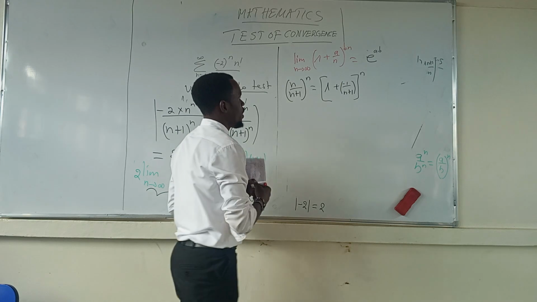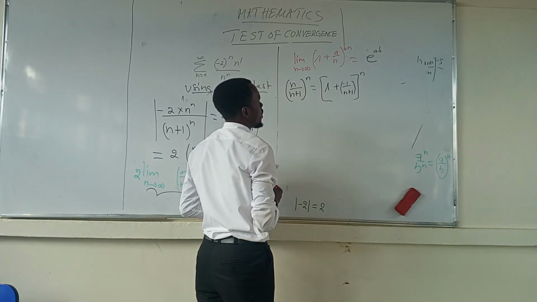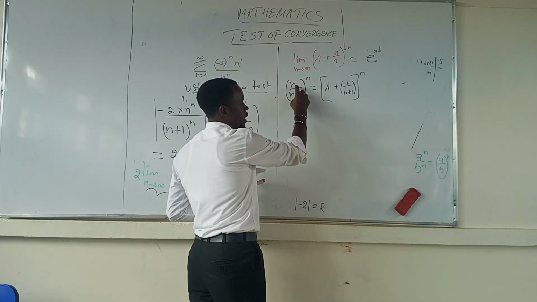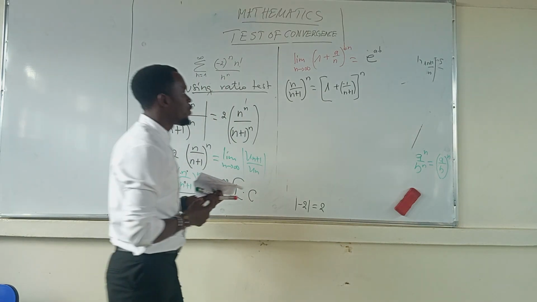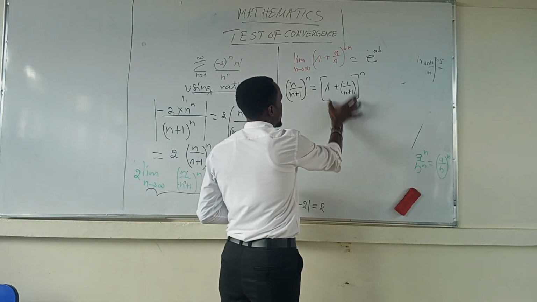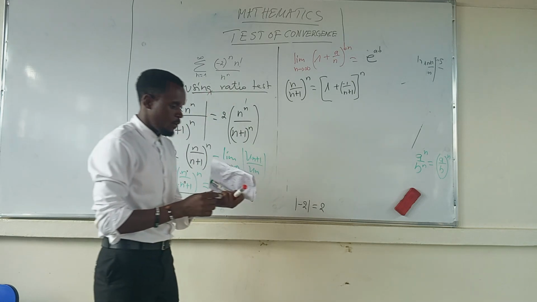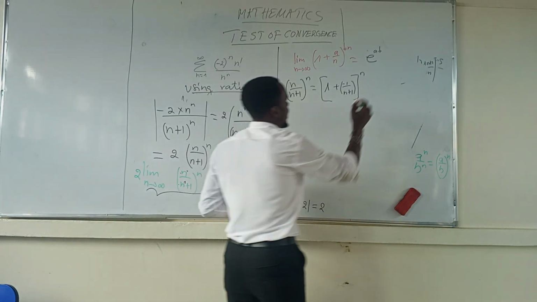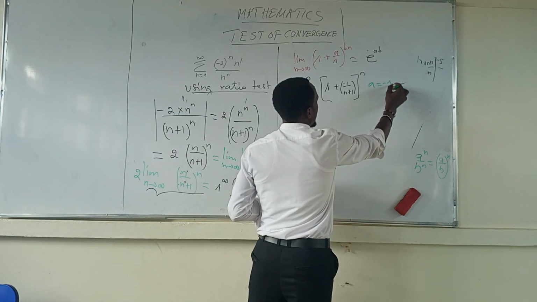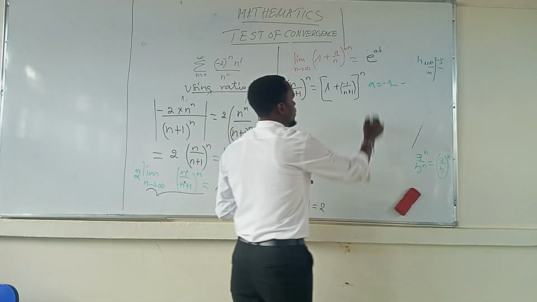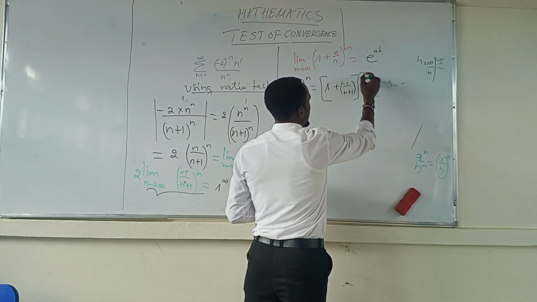If I put it on a common denominator, of course you will get back to this. And if you compare this to this form, you will find that for our case, a is equal to -1, and b is equal to 1.